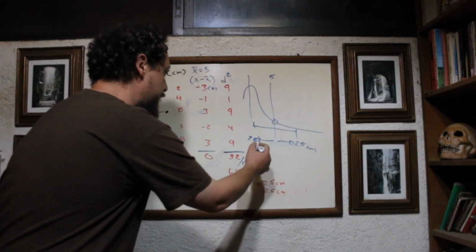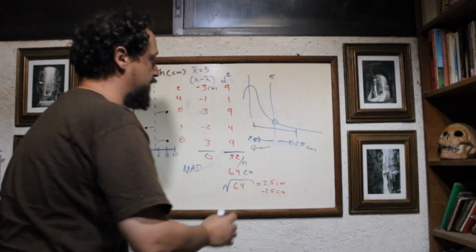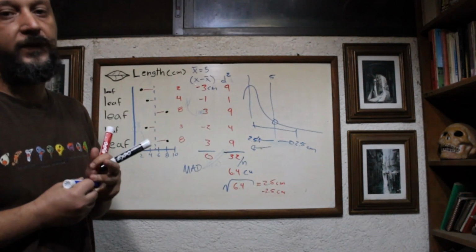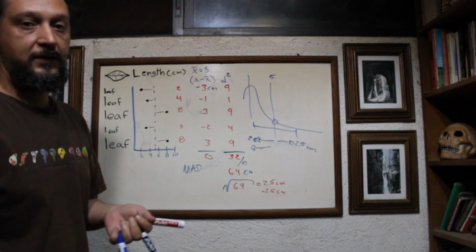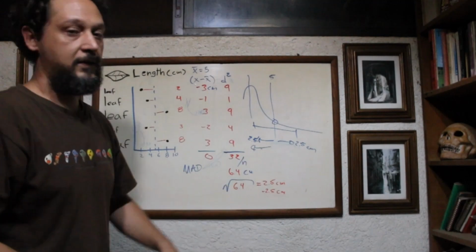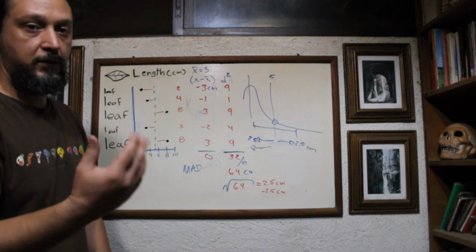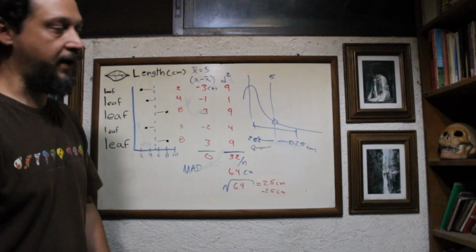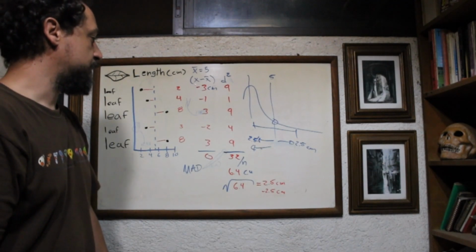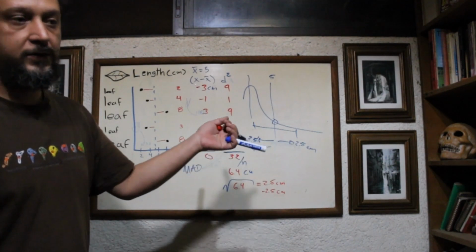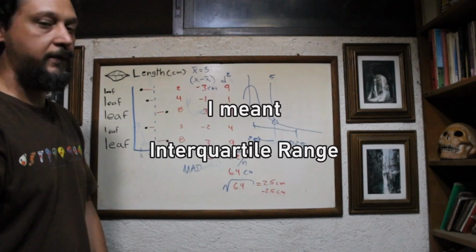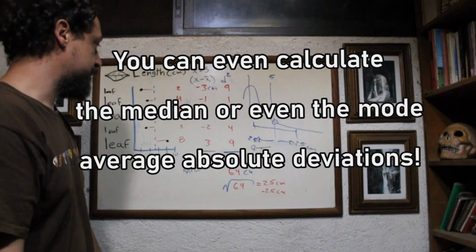You will find far more leaves that are 2.5 centimeters less than the mean, and very few leaves that are greater than an average of 5. So better here is to use the interquartile range or something like that. Okay?